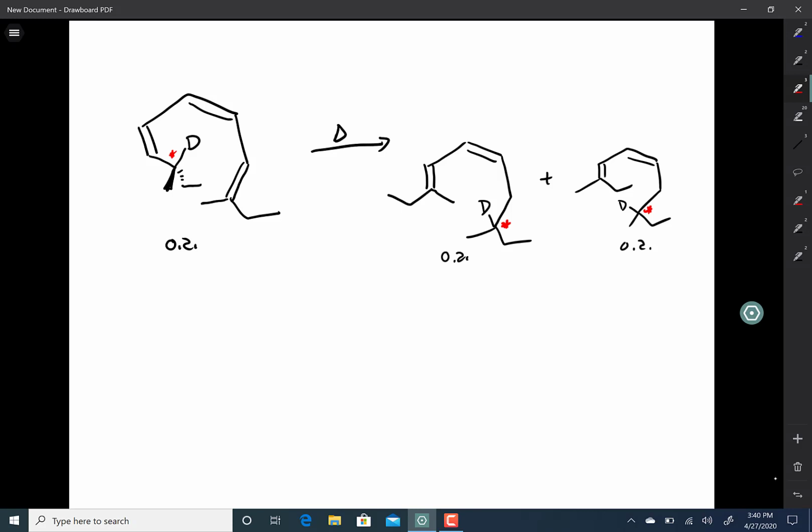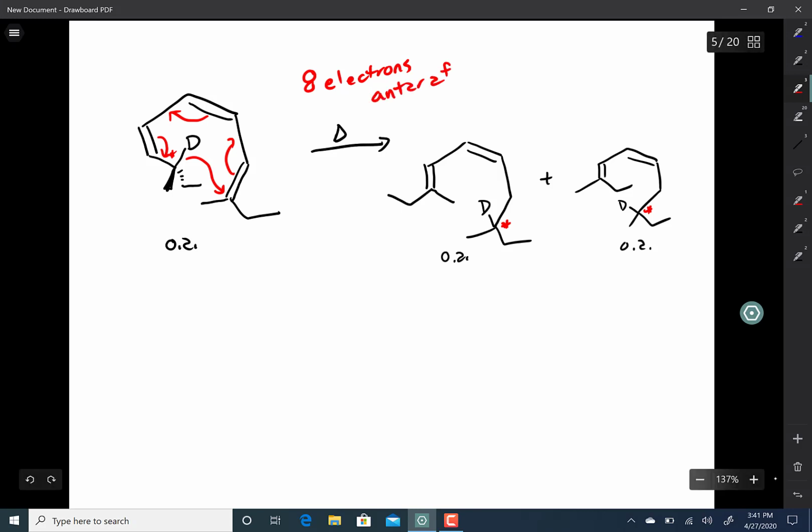What I mean by that? First of all, the reaction is these electrons go here, these go here, these go here, those electrons go there. So it's 8 electrons. It's a thermal reaction. It's an 8 electron thermal reaction. That's a suprafacial reaction.